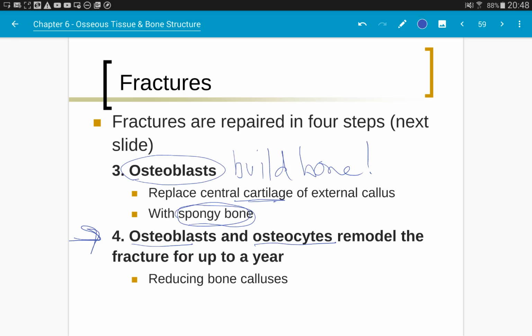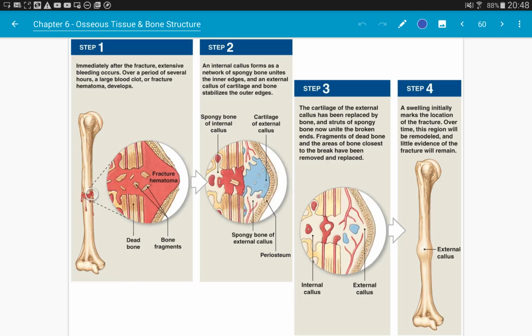But it can take up to a year to have this whole process occur. So this picture here just kind of takes you through those 4 steps. It's a nice visual. So this is another great one for you to just read through, review the major things that are happening in the 4 major steps.